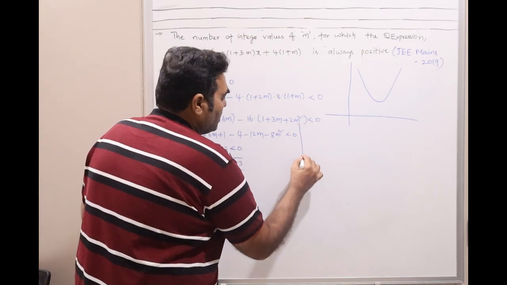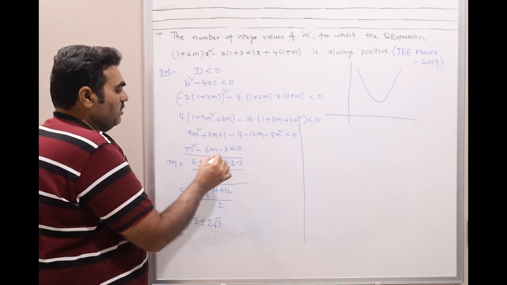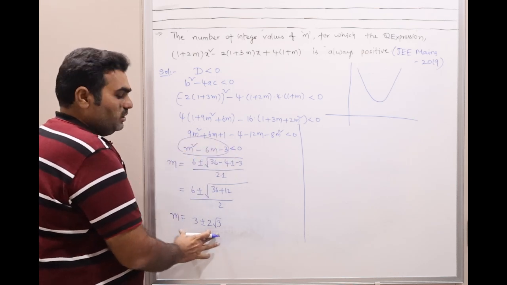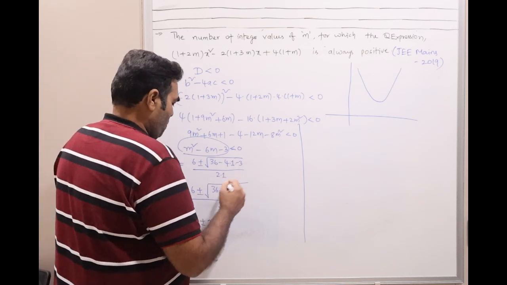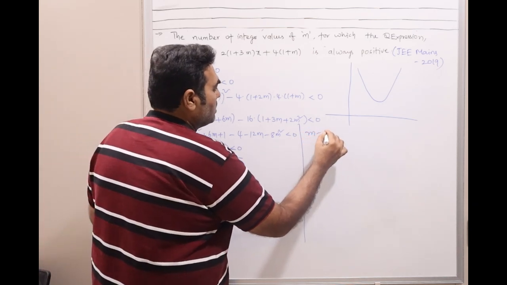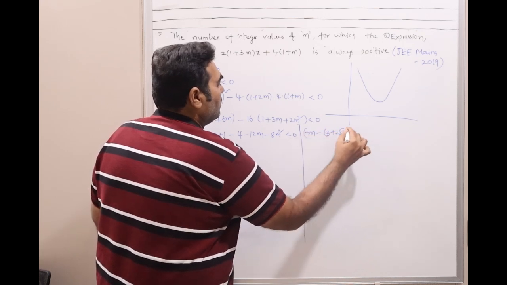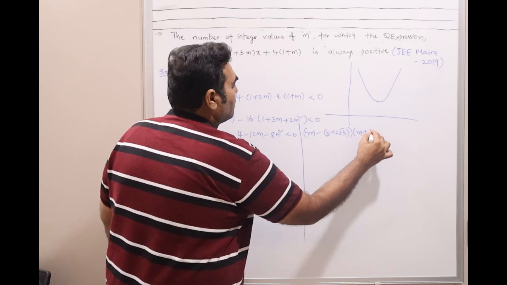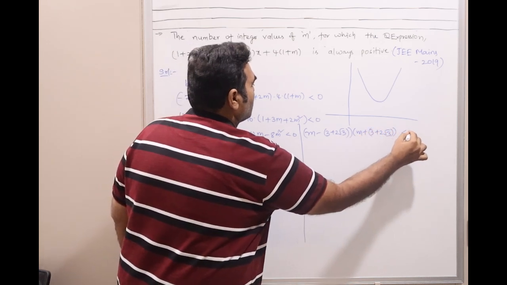Now what is the condition we got? For this we have derived the equation and its roots, right? Now if I rewrite this, m minus (3 − 2√3) into m minus (3 + 2√3) is less than 0.